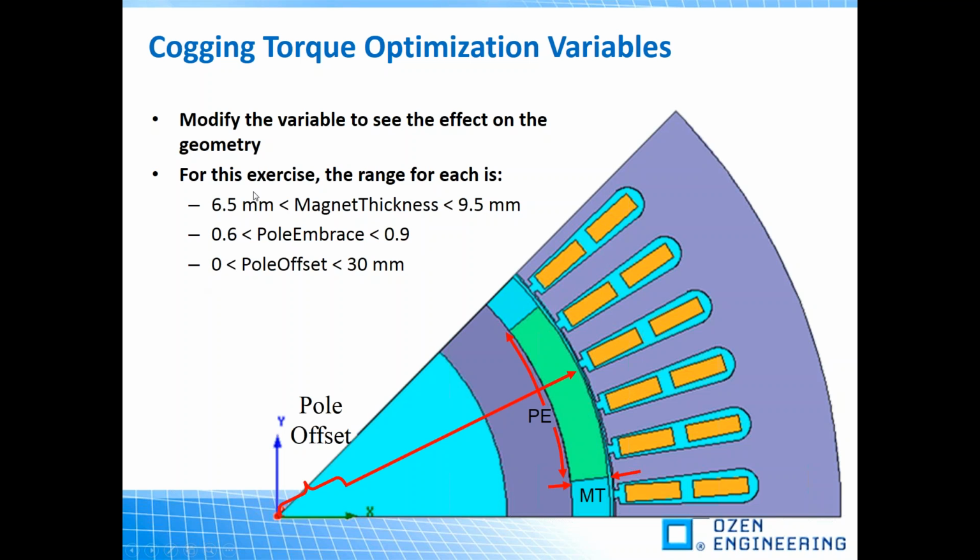For this case, we have magnet thickness as a parameter here. Pole embrace is another parameter of this design, and pole offset is another. So by changing these parameters and doing the optimization, we want to find the best performance.